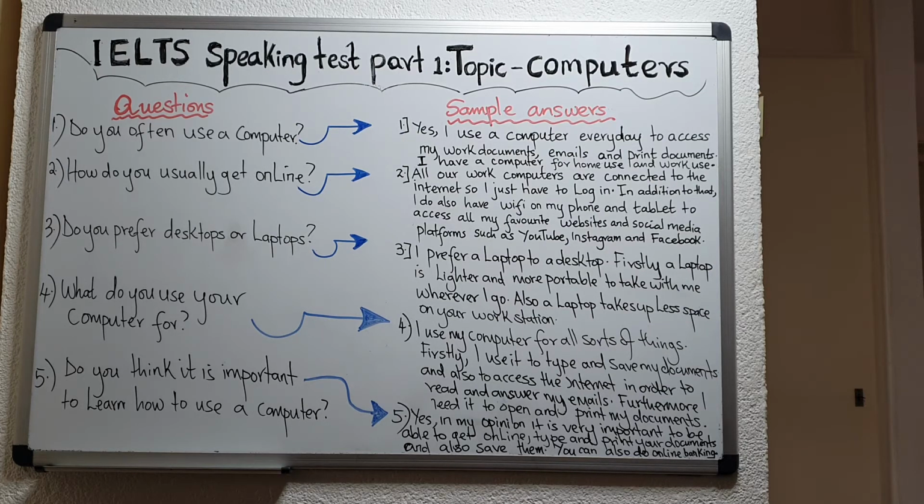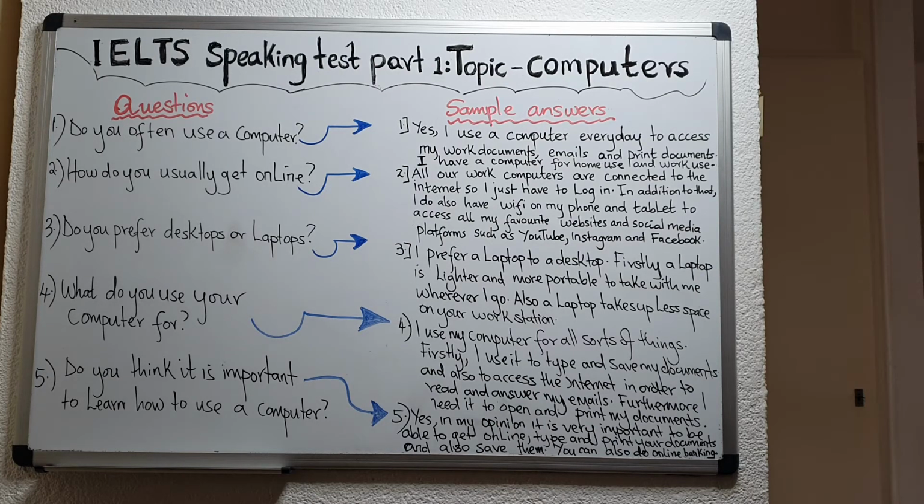Okay? Now, in that answer, I have been quite detailed. It's very comprehensive because I have explained to the examiner how I get online, okay? And that is by logging into all our work computers that are connected to the internet.